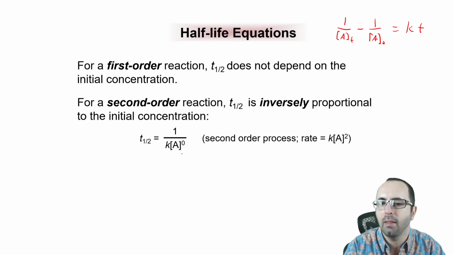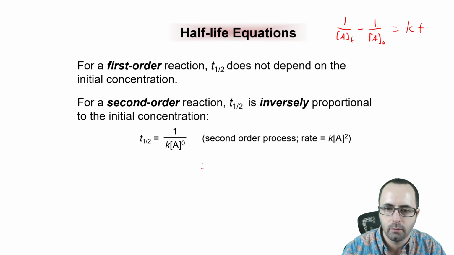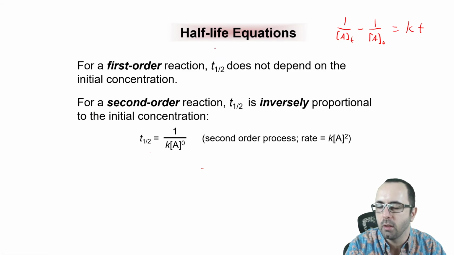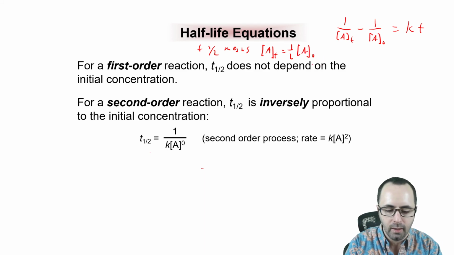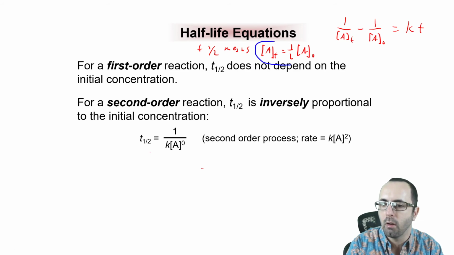So at the half-life, T1 half means the concentration of A at time T is 1/2 of the initial concentration. So we're going to substitute that in for the concentration at time T. It's going to go right here.